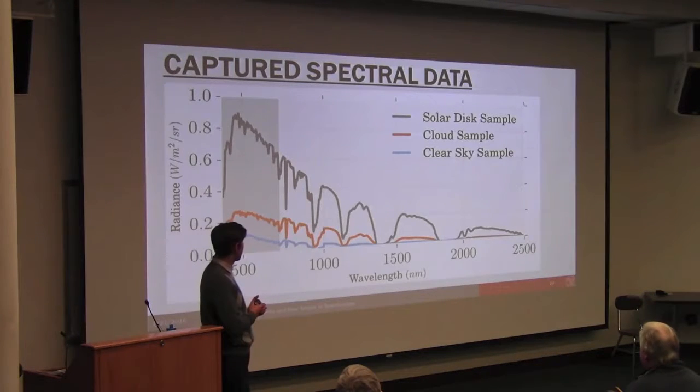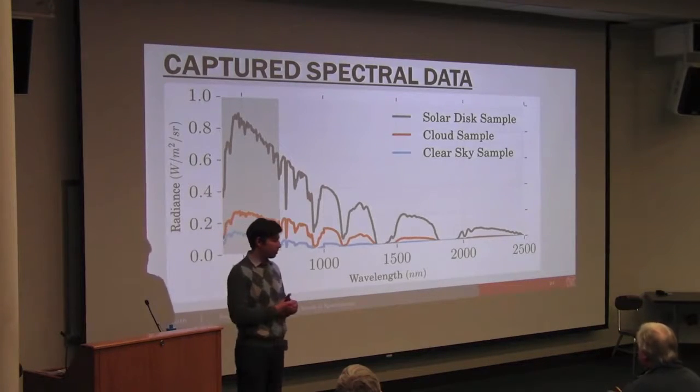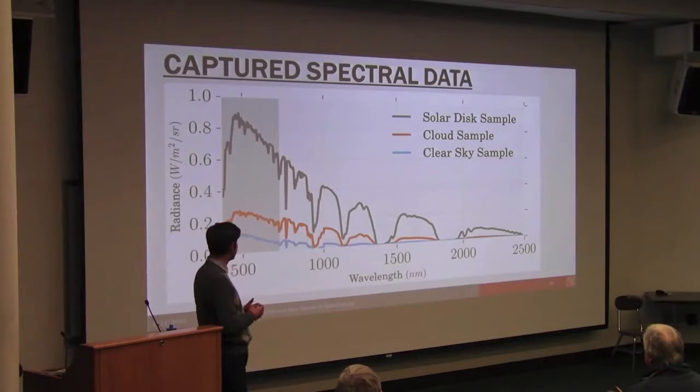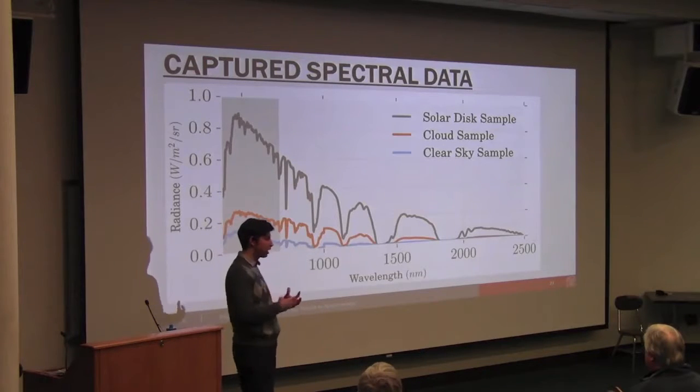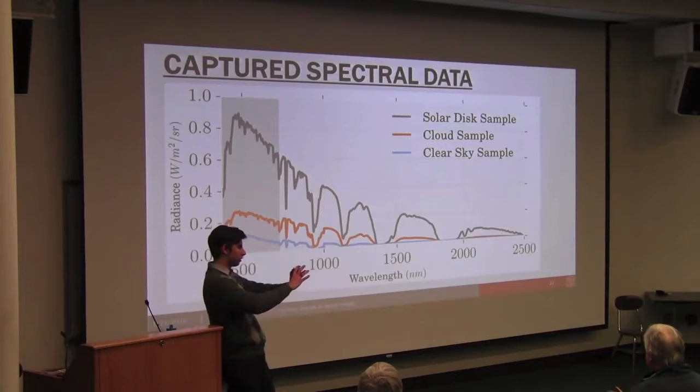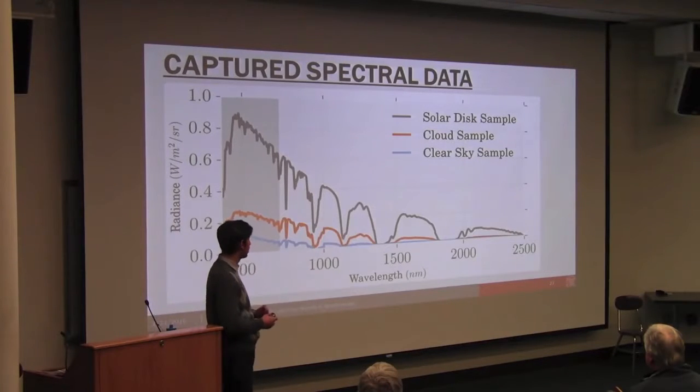Again, clouds throw a big problem into it and make it more challenging. The gray line shows the spectrum of the solar disk that we captured. The orange is a cloud, and the blue is the blue sky. The cloud is obviously a little brighter than the blue sky because clouds act as big diffusers. As the sunlight comes in, it diffuses the light into a very large area.